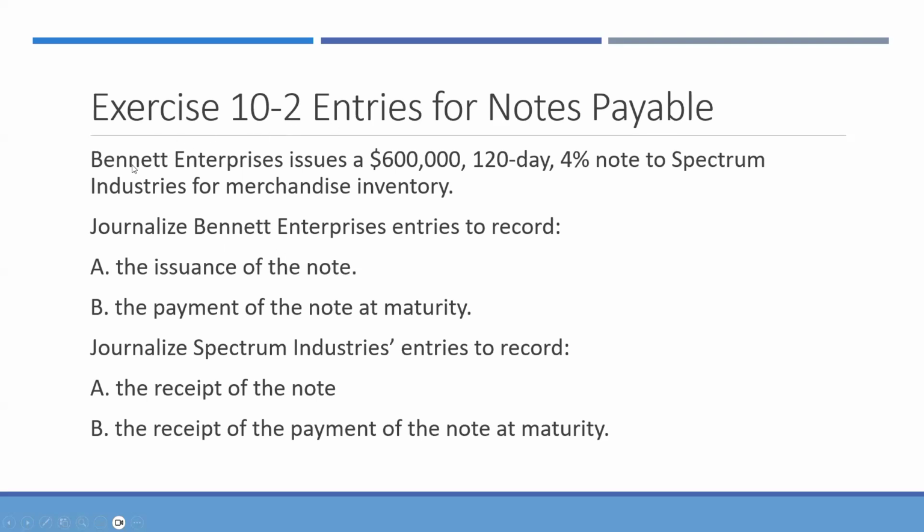Entries for note payable. Bennett issues a $600,000 120-day 4% note to Spectrum Industries for merchandise inventory. And this is not a discounted note. This is just a regular issuing of a note.